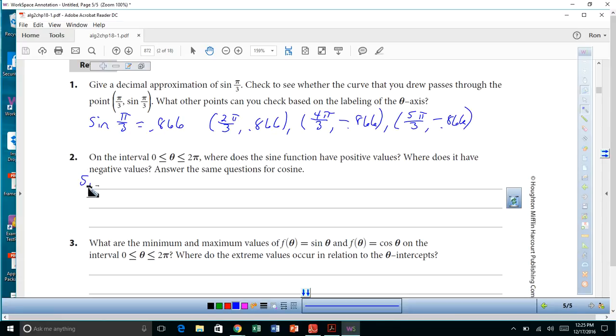So sine positive values will be from 0 is less than theta is less than pi, and negative values is going to be from pi is less than theta is less than 2 pi.